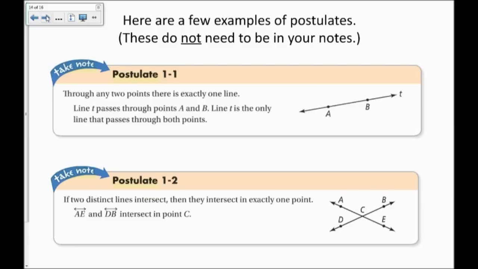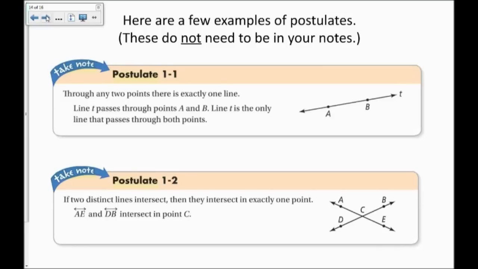Postulate 1-1 states, through any 2 points, there's exactly 1 line. That's just accepted to be true, that if I take any 2 points, I can draw a line through them. Postulate 1-2, if 2 distinct lines intersect, then they intersect at exactly 1 point.